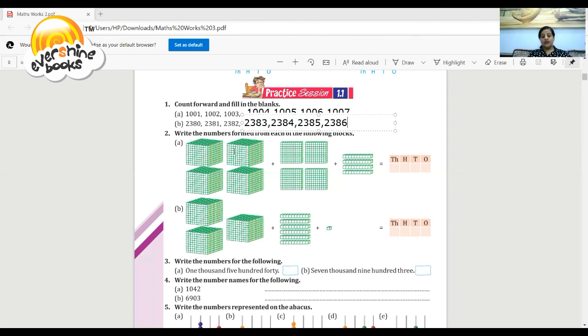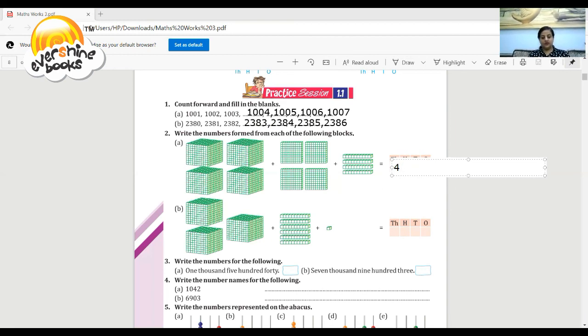So here two blocks, buildings, are given. Write the number for each of the following blocks. So it is at the 1,000 place, so it means it is 2 in number. 1, 2, and this is 3 and this is 4. So here it is 4. Again 1, 2, 3, 4. It means it is of the 100 place.